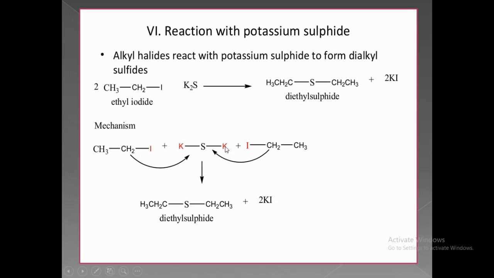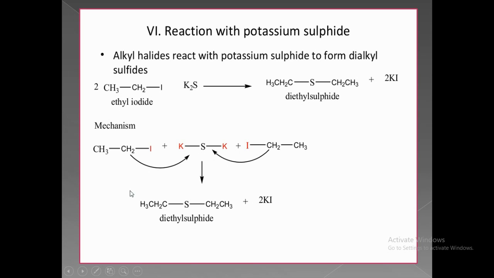Generally we draw arrows from the negative side to the positive center. So this is the positive center, and this will be the negative center. That's why the arrow should be like this. Two molecules of KI will be generated here.